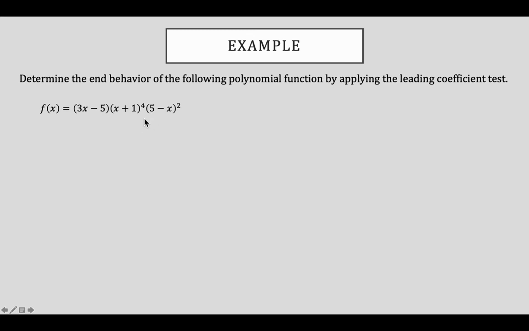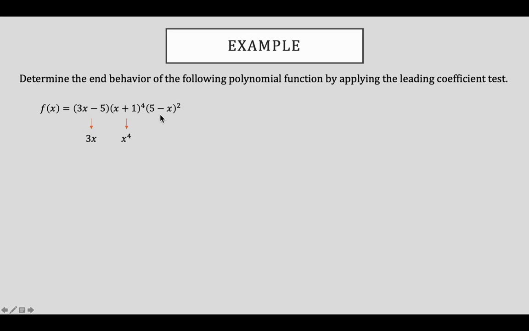But we can do a little shortcut just by analyzing the highest power of x in each one of the individual factors. So notice in this first factor, I would end up with my highest power being 3x. In the second factor here, I have x plus 1 raised to the fourth. If we were to multiply all of that out, which we are not going to do, the highest power of x that we would end up with would be x to the fourth.